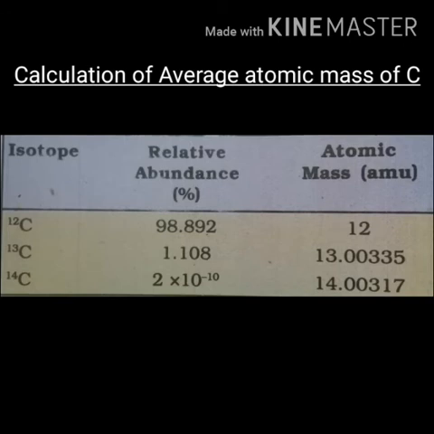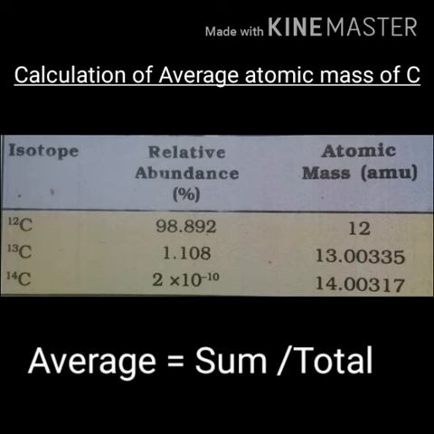The relative abundances and atomic masses of various isotopes of carbon are given below. From this, we are going to calculate the average atomic mass. We know that the average value of something is equal to the sum of all items divided by the total number of items.